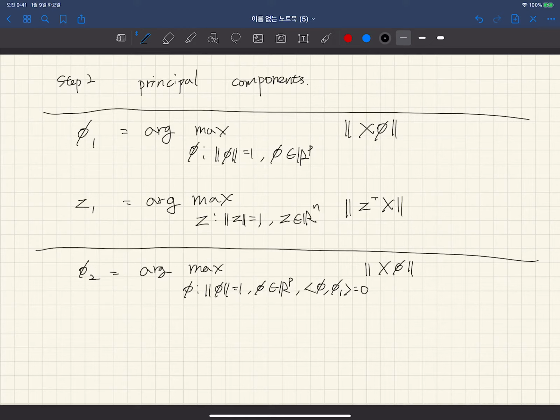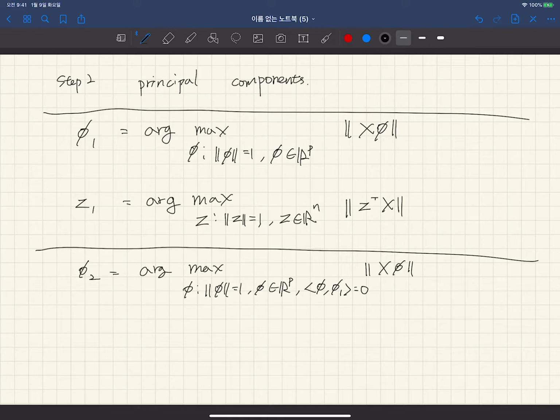So the second principal component is a unit vector that maximizes the length of x times pi from the constraint space that is orthogonal to the first principal component.